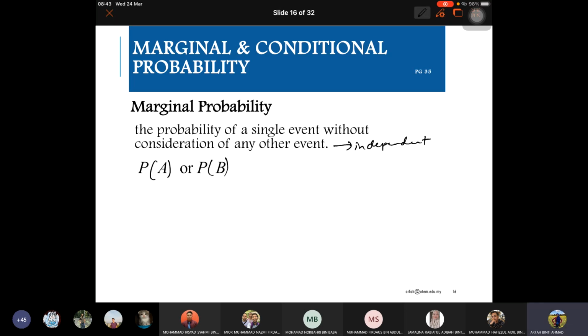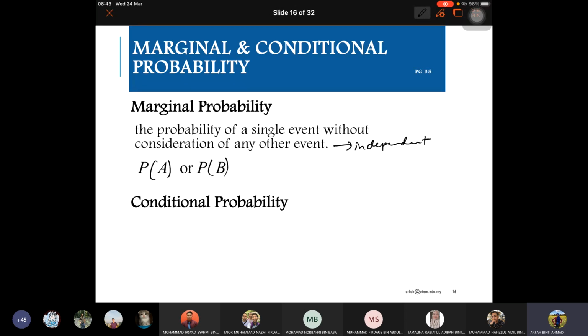Kebarangkalian UTM akan ambil staff baru, itu bersangkut paut dengan number of student. So kebarangkalian saya akan makan McD hari ni tak bersangkut paut dengan kebarangkalian kawan awak makan nasi goreng pagi tadi. Okay. That is for example of single events.